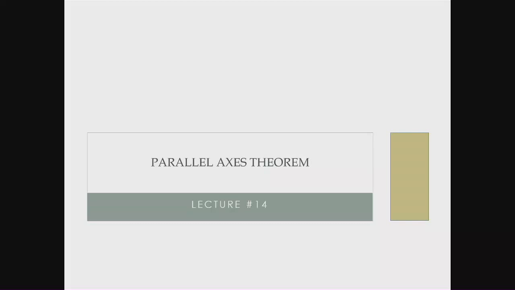If you know one of them, for this purpose you don't even need O to be a fixed point. If you know the inertia tensor about G, you can find the inertia tensor about some other point. Okay?